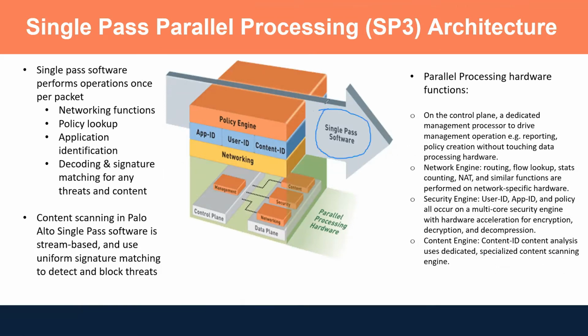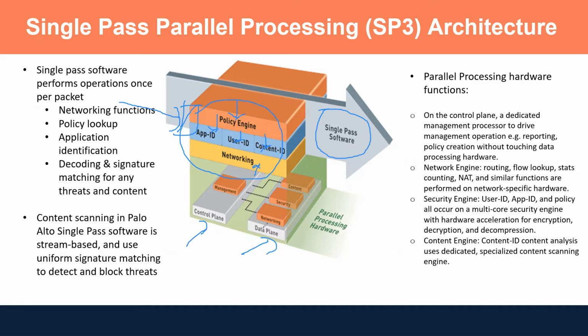Whenever any packet hits the firewall, your policy engine, application ID, user ID, content ID, and networking functions all get applied in parallel in a single pass. All those things are checked in parallel, and to support that you have hardware as well.